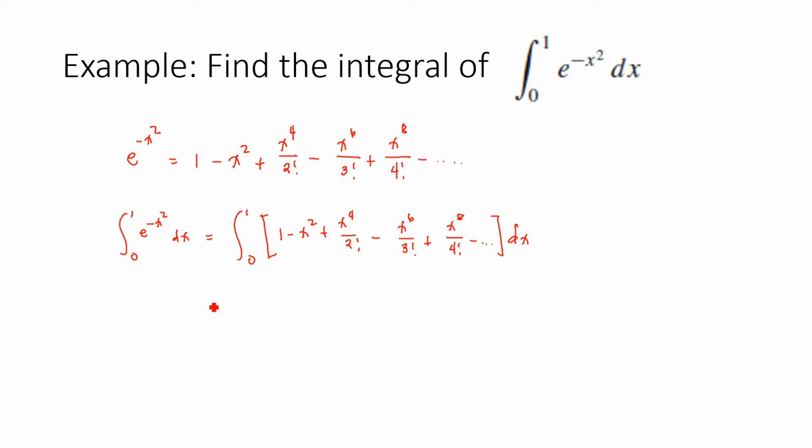which is equal to, okay, getting the integral of this one, you have x minus x cubed over 3 plus x to the fifth over 5 times 2 factorial minus x raised to 7 over 7 times 3 factorial.